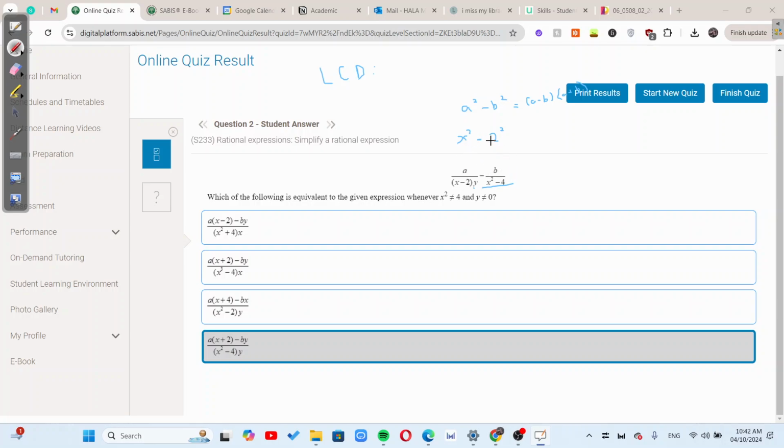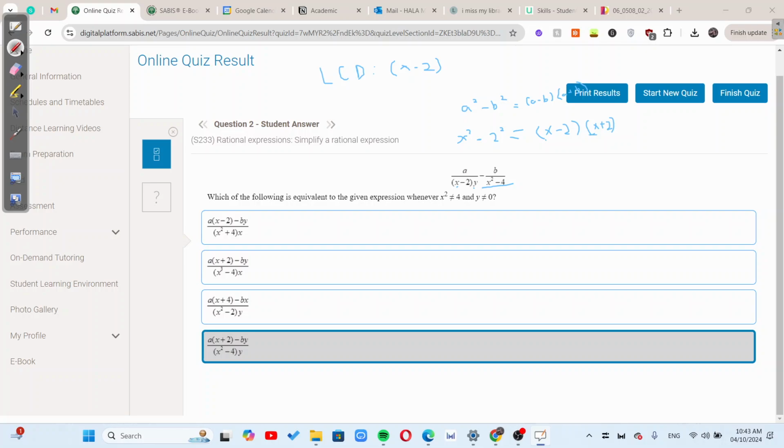So this can be written as x minus 2 into x plus 2. Look, here you have x minus 2 already, and here you have x minus 2. So you don't write the x minus 2 more than once. If it showed twice, write it once. x minus 2 is part of your LCD.